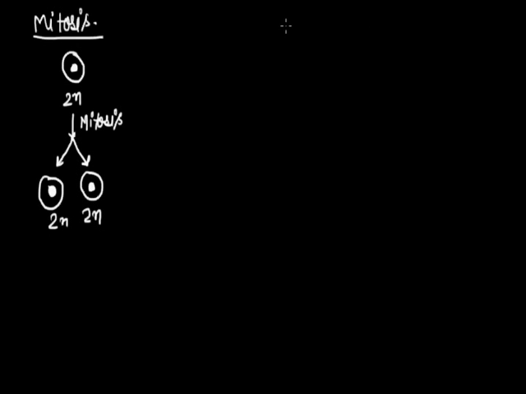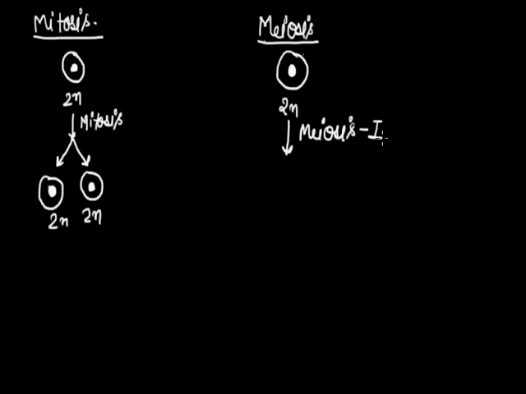While if this one is going to divide by meiosis, suppose meiosis is going on here. What will happen? As we know, this is a division where the nuclei or genetic makeup duplicates once while the cell divides twice. This is a 2N cell, a mother cell, a parental cell that's going to divide by meiosis 1. This is the reductional division.